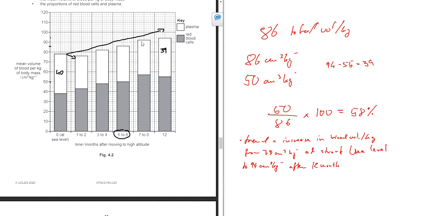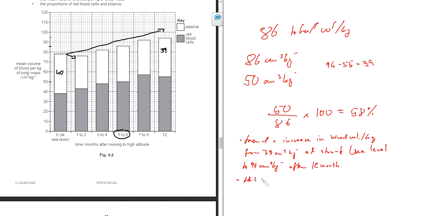What do we have here? Yeah, still around 40, 41 maybe. So it looks like plasma doesn't change a lot, no? So this is another point, no?